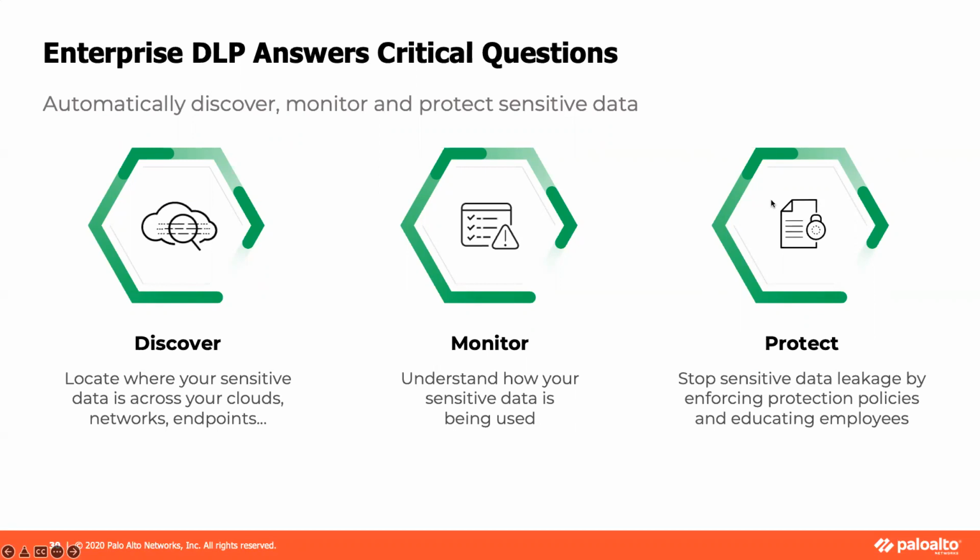We have the ability to monitor and understand how the data is being used and make recommendations to protect it and stop sensitive data leakage, enforcing different protection policies, and helping educate employees to understand the proper ways to categorize and use information, and what is compliant, what's not compliant. All of this is going to be helpful.